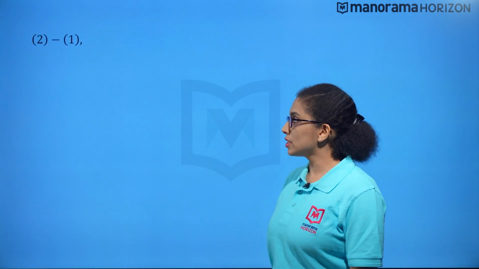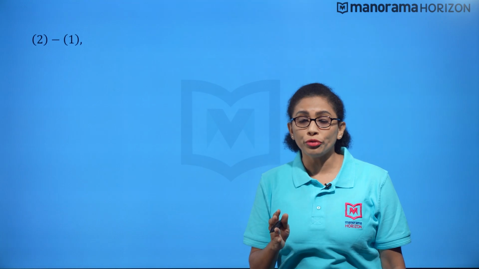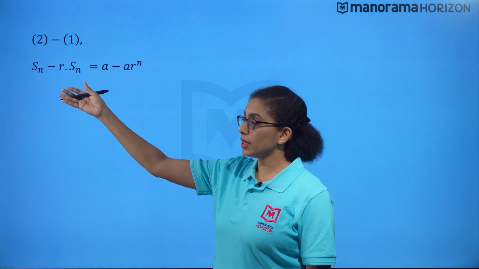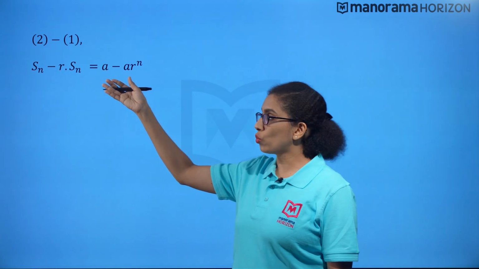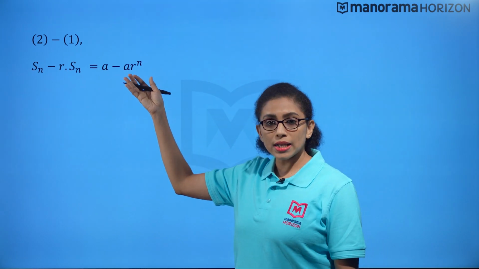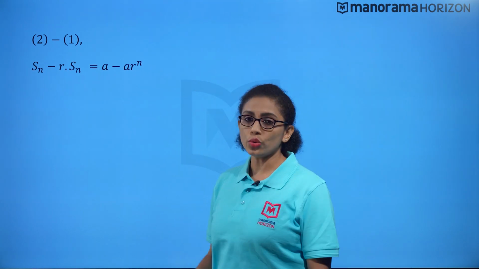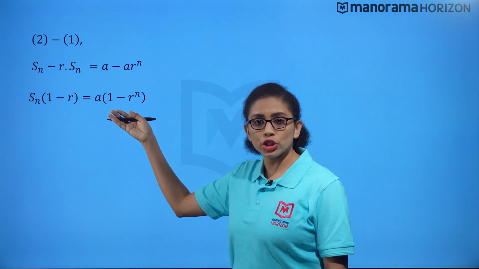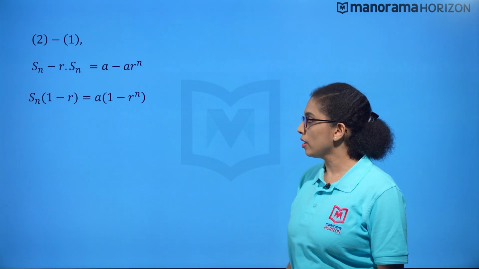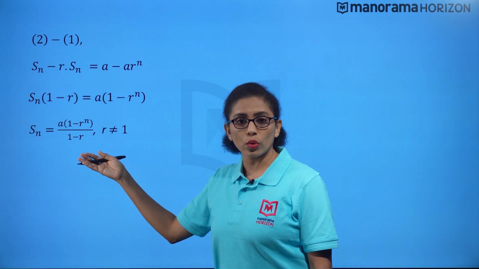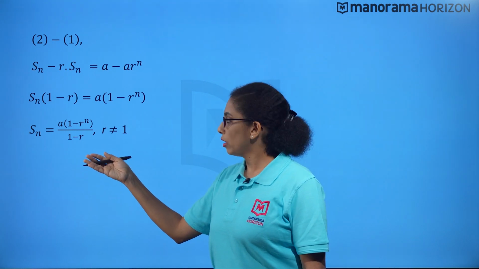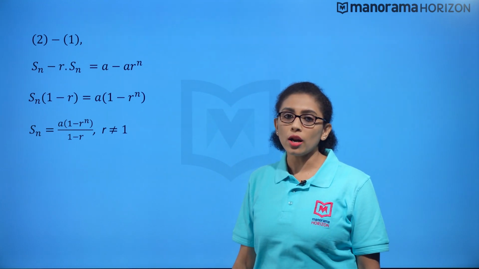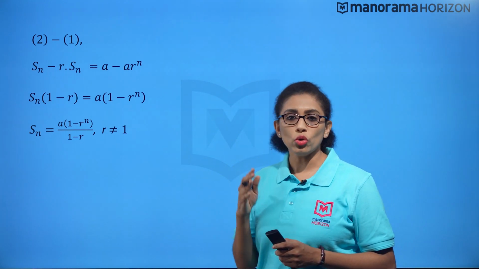Now, we have to subtract equation number 2 from equation number 1 and we obtain Sn minus R Sn is equal to A minus A into R raised to n. That is, Sn into 1 minus R is equal to A into 1 minus R raised to n. From this, we get Sn is equal to A into 1 minus R raised to n divided by 1 minus R, where R not equal to 1.